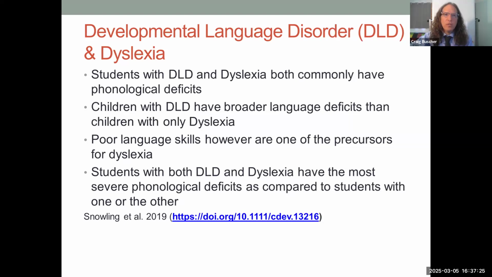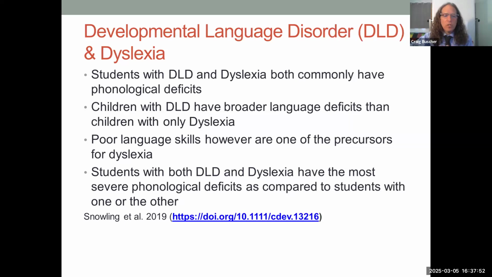Students who have these characteristics of a language disorder often are not good word readers. So if you have this broader language issue, you're at a higher risk for developing a word reading issue than if you just have the phonological issue.